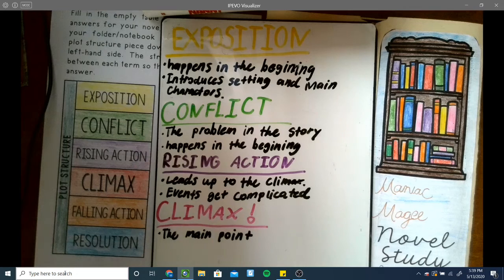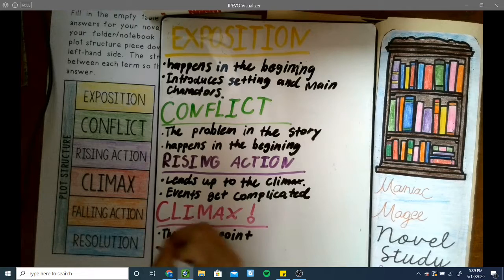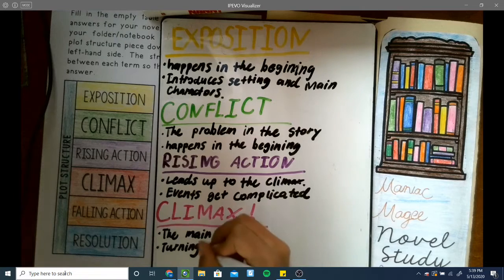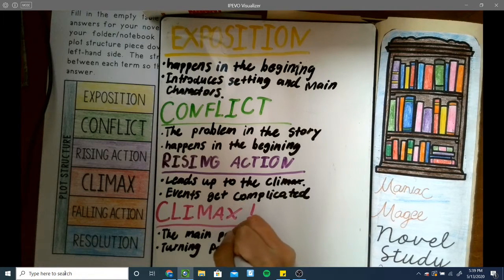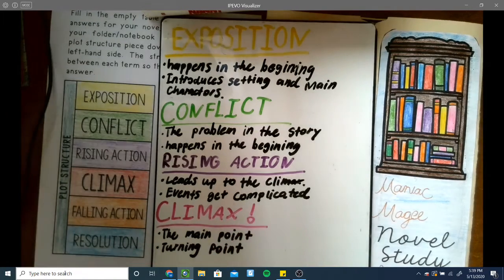And we're wondering what happens next, right here in the climax. So main point. It could also be the turning point as well. So things start getting even more messier in the story. Turning point.